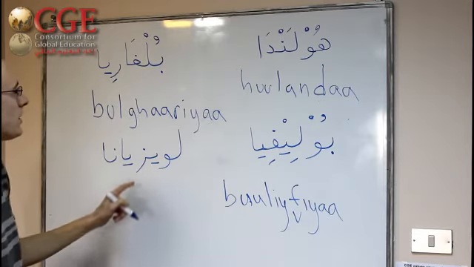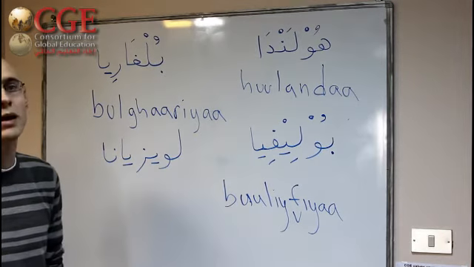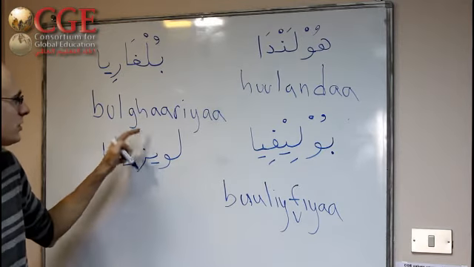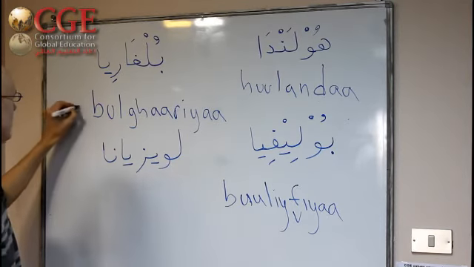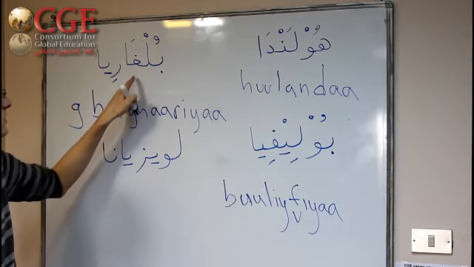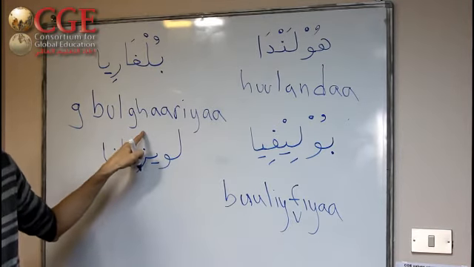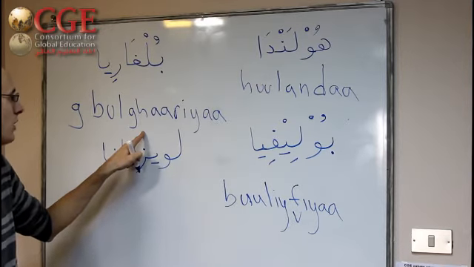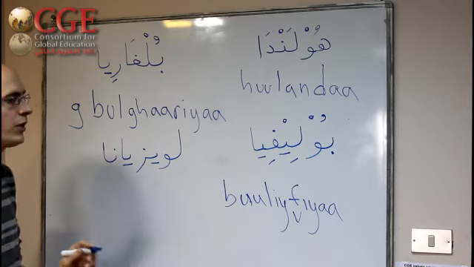This is Bulgaria. Notice that Arabic also lacks a plain G, and in that case it'll substitute a Ghain, and they'll pronounce it Bulgharia. They can pronounce it both ways.